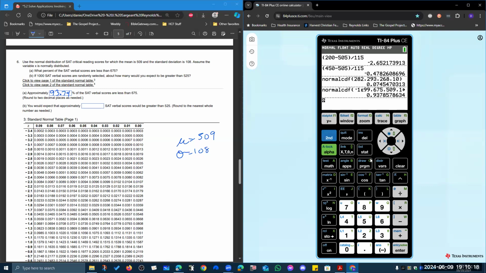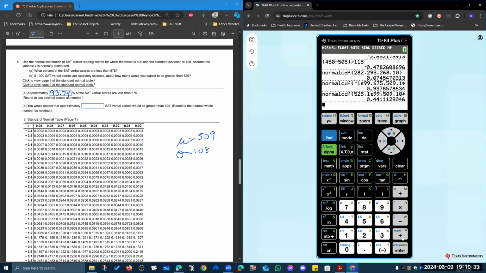And then we want to find greater than 525. And we would expect this percentage, 44 point something, of the 1,000 people that took the test to be greater than 525.